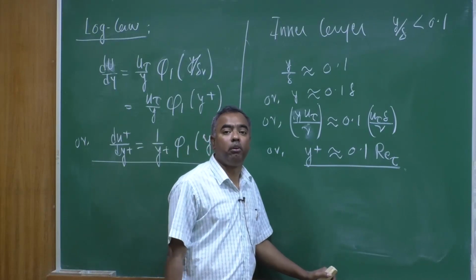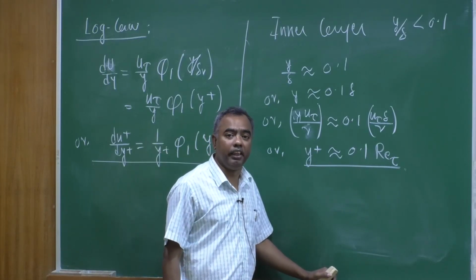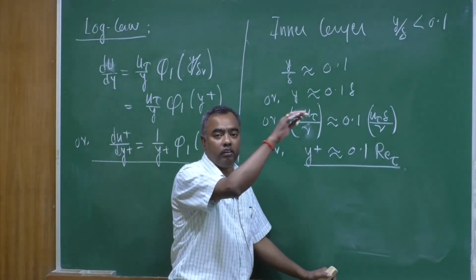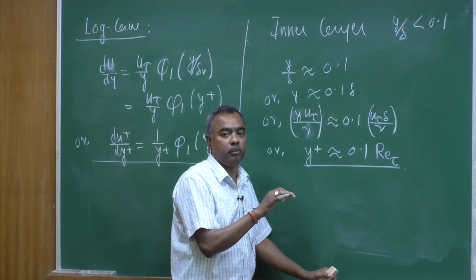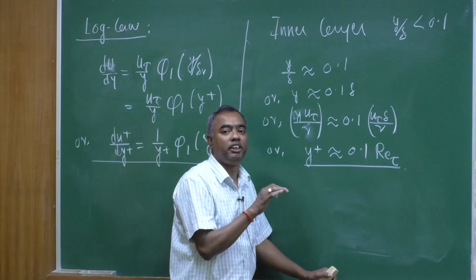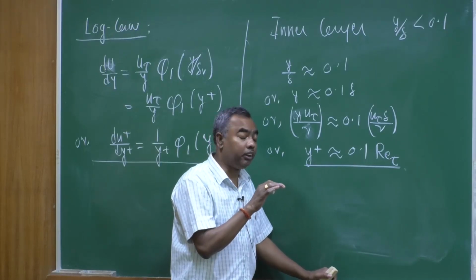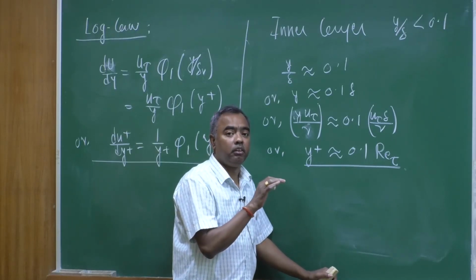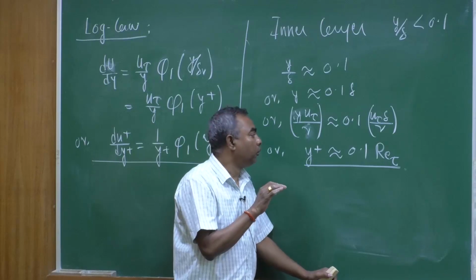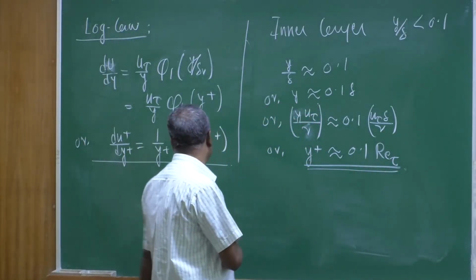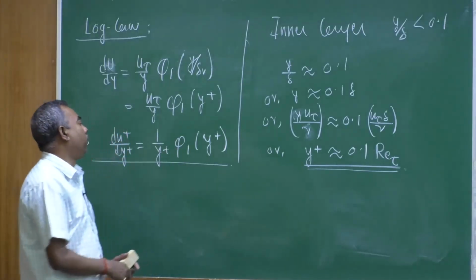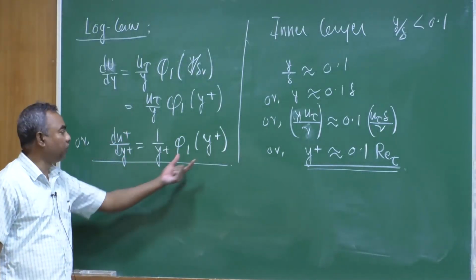Re tau is essentially the inertia force divided by the viscous force. Re tau being large means that the viscous force is negligible compared to inertia.